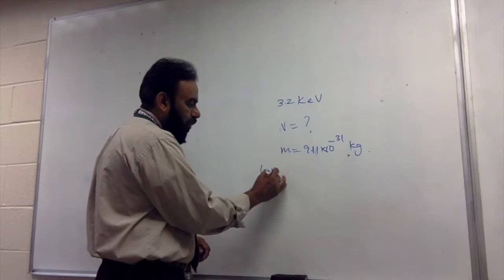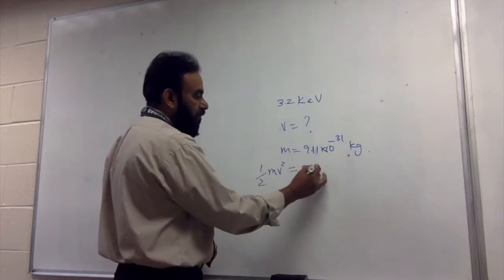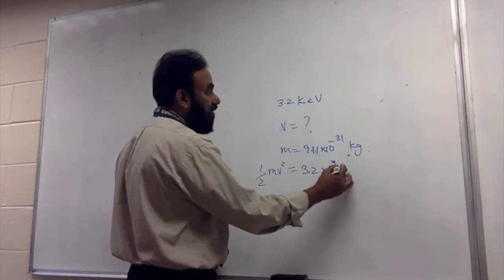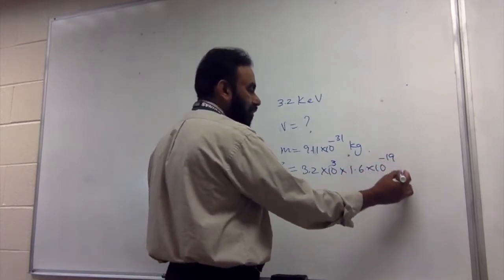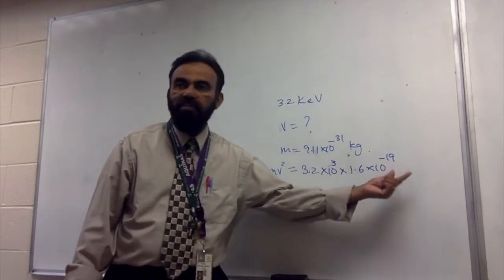Half mv squared is equal to the energy, 3.2 kilo electron volts. 1 electron volt is 1.6 times 10 to the power minus 19 joules.